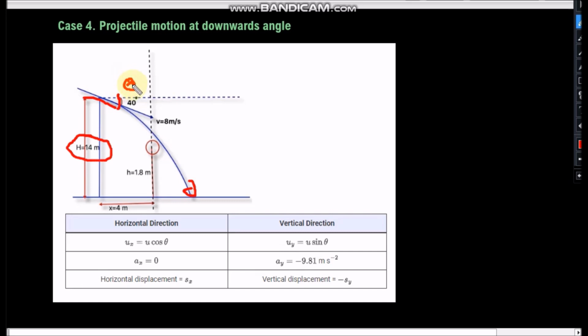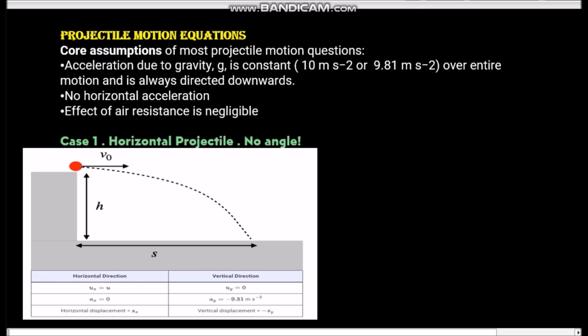Now let's start from the first case, where the object is projected horizontally, with no angle. Let me show you one simulation and you will understand what it means.